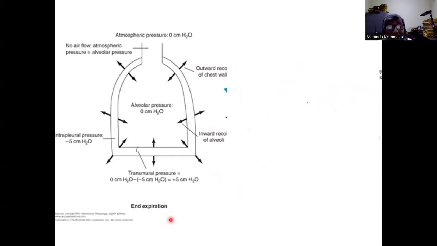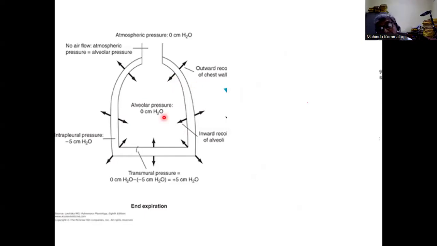So at the end of the expiration, right, we remove all the air. What happened? Outward pressure of the chest wall and recoil pressure of the lungs balance.